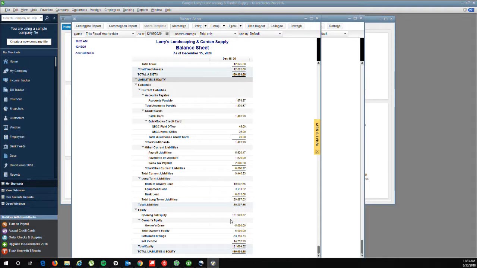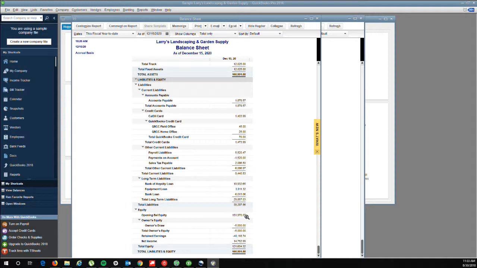We have opening balance equity, and I get a lot of questions on that, so I'm going to explain this a little bit more. When you start a bookkeeping system, I like for my clients to stick with the same one for as long as possible, but sometimes it's necessary to change software, or it's necessary to change bookkeepers and they don't want to build on someone else's mistakes.